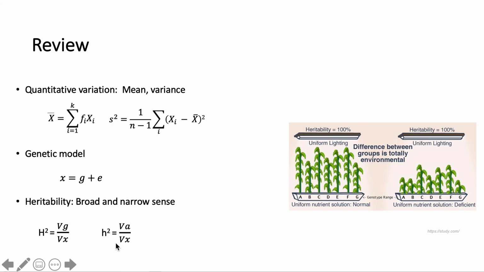Then we have the narrow sense heritability, which includes the additive variance, and that is the heritability we are most interested in, because it is the heritability that is transmissible to the next generation.